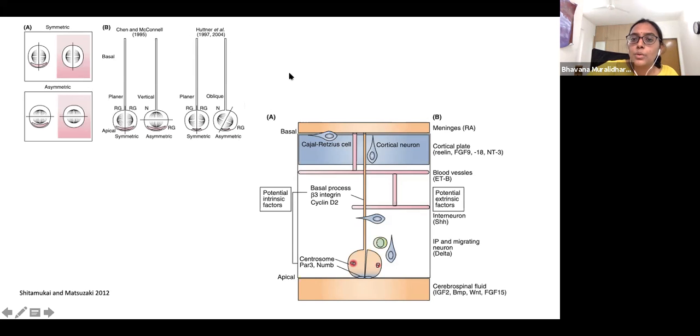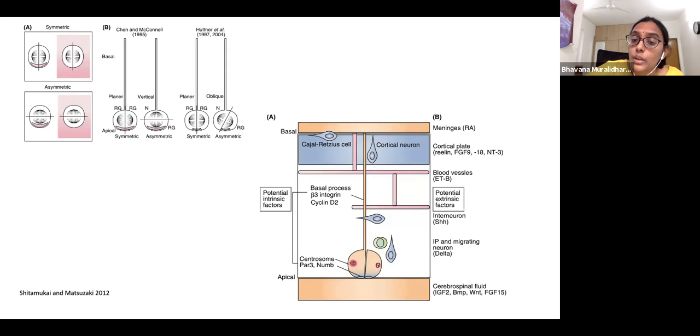Now, it is thought that this division is controlled by several factors. There are potential intrinsic factors. For instance, I think Sonia discussed the PAR3 and the NUM proteins, whose localization decides the plane of division and the kind of division.